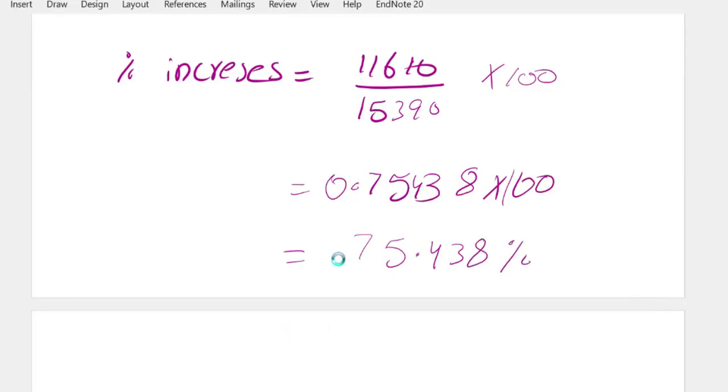And this is the required answer for this question: the removal of the letter restriction increases the number of possible codes by 75.44%. Okay, so this is the required answer for this question. Thank you.